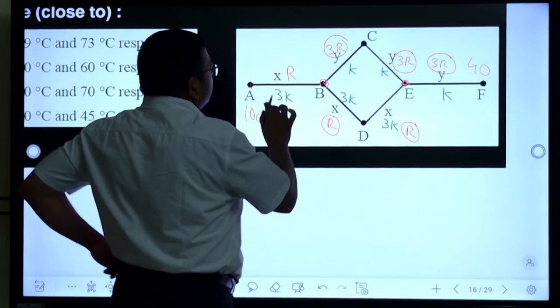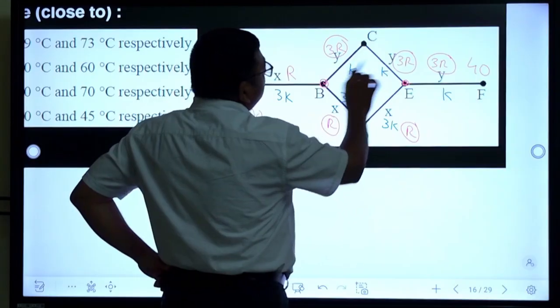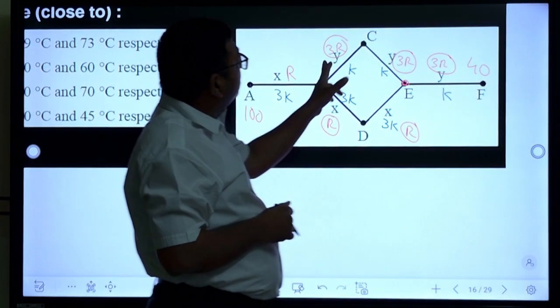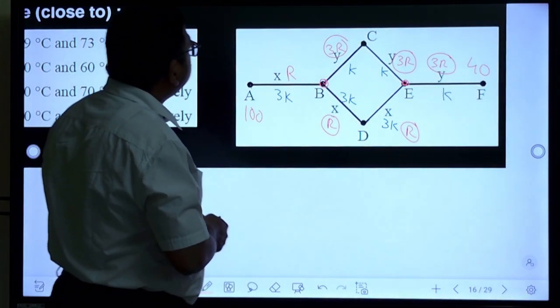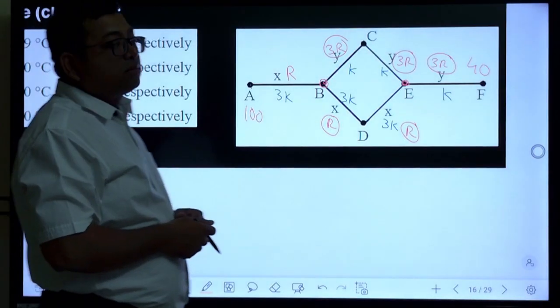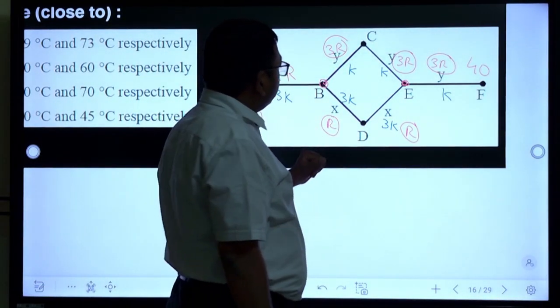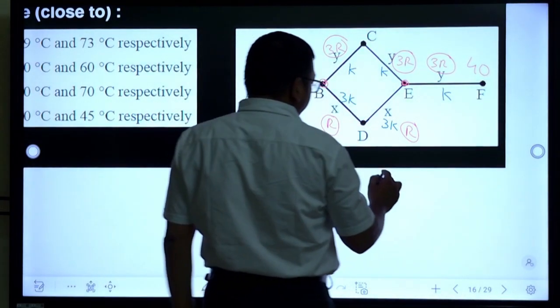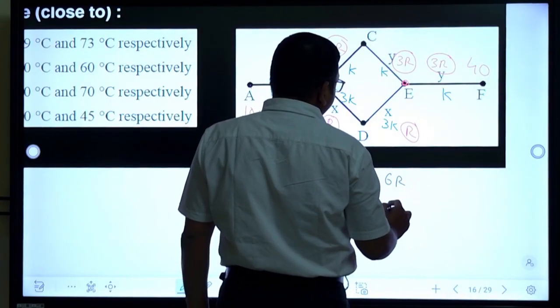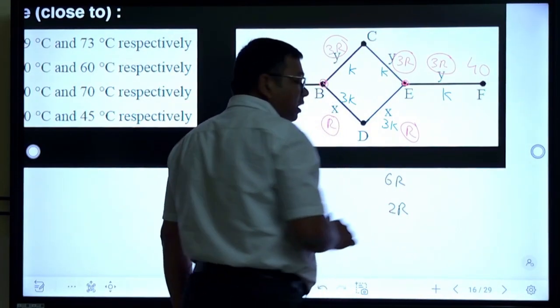First of all, this resistance is 3R, 3R in series. 3R and 3R in series will become what? 6R. And here R and R will become 2R. So here we have 6R and we have 2R. They are in parallel.